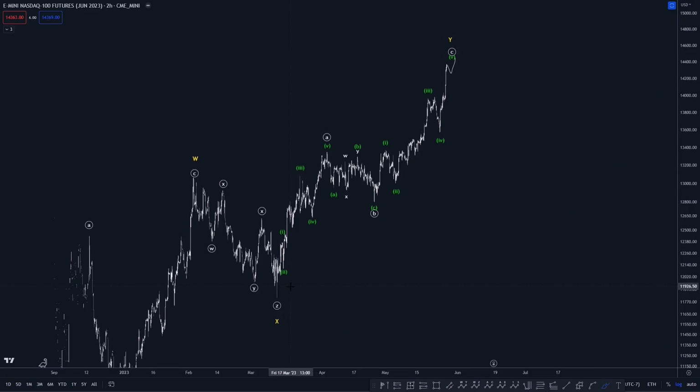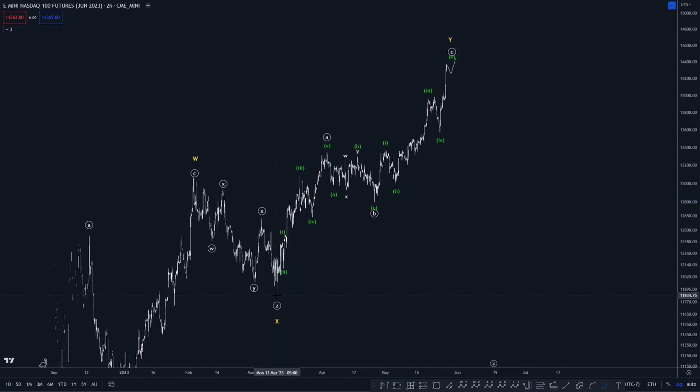But what I'm trying to explain is that this is a 1, 2, 3, 4, 5. Clear impulse for an A. Then we have A, B, C. A clear 3A pullback for a B. Then looking at the swing structure, we have a 1, 2, 3, 4, 5. A nice clean impulse structure unfolding for a C wave.